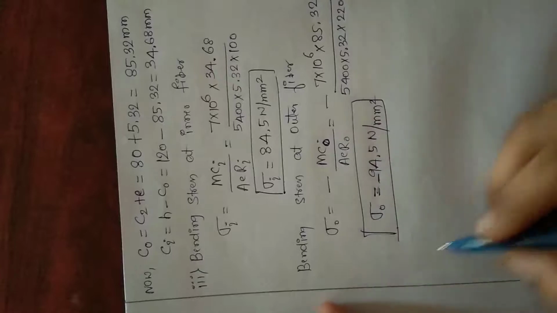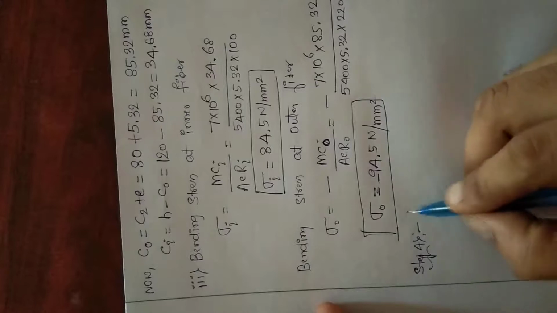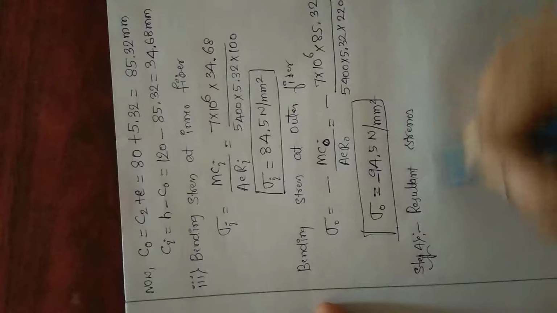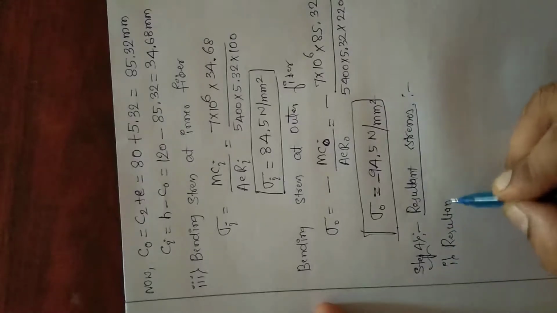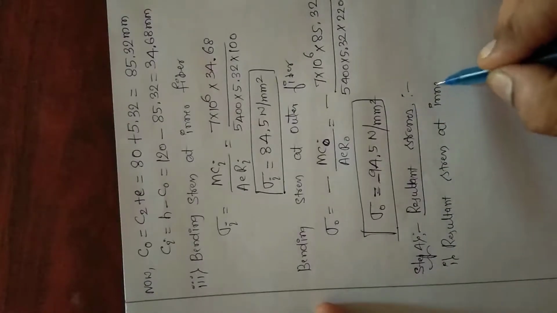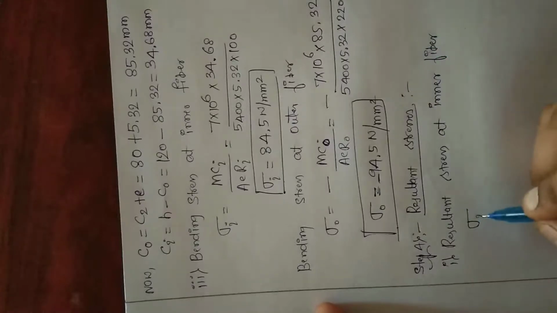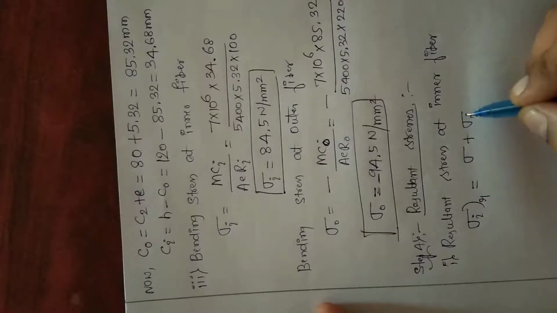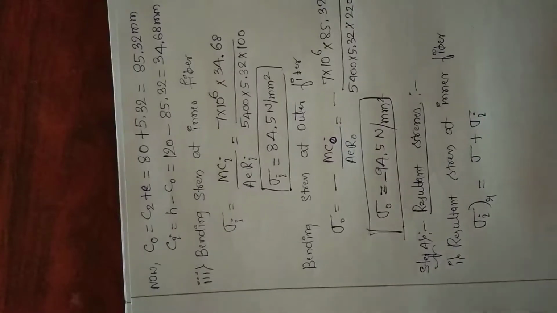Okay. So finally the resultant stresses. Step 4 is resultant stresses. And that first one, resultant stresses at inner fiber, sigma I R is equal to sigma plus sigma I. I said the resultant stress is nothing but combined stresses, which is direct and bending stresses.